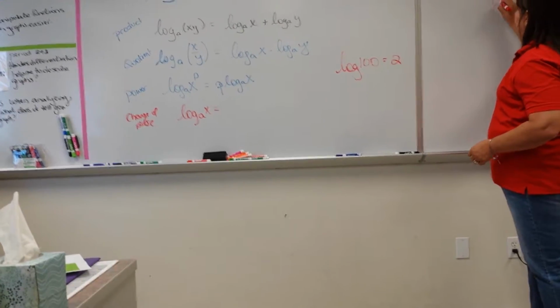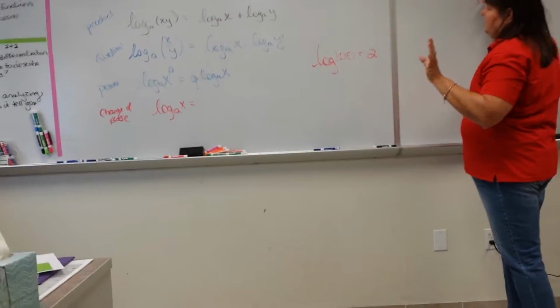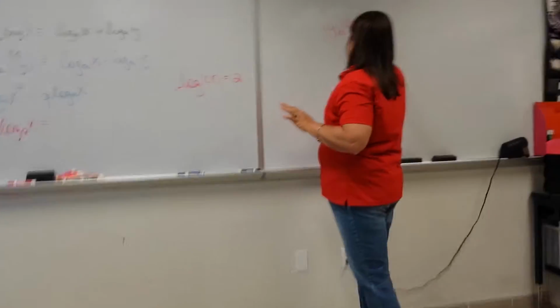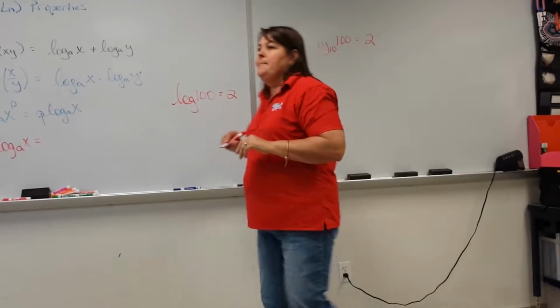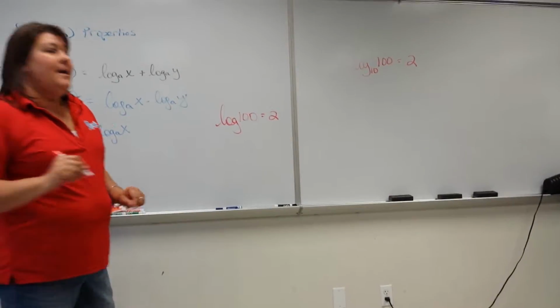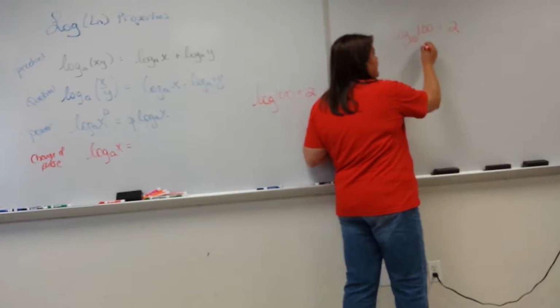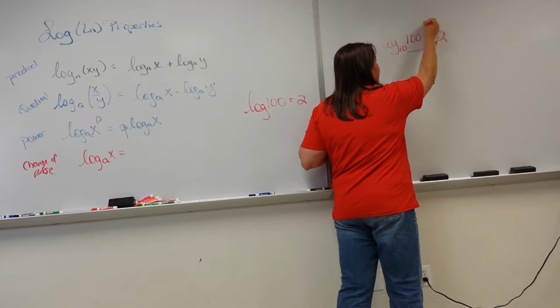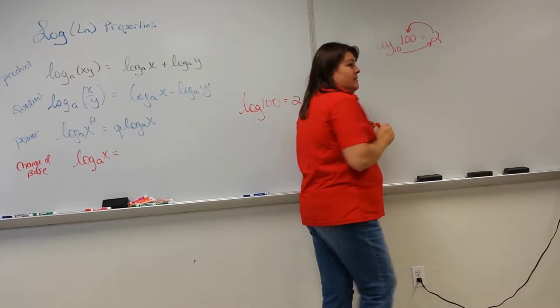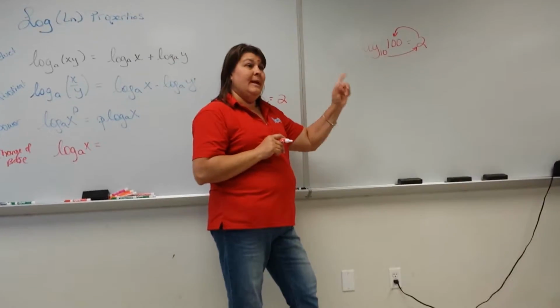So log of 100, because the 10 is typically not written, the answer is 2. My calculator knows how to do base 10, it comes naturally. And the way this works is whatever this little base guy is, to this power is going to be this number. So 10 to the second, 100, that should be what we have there.